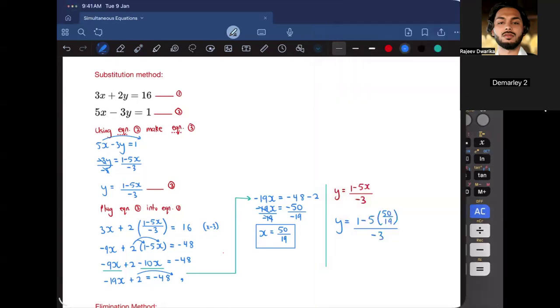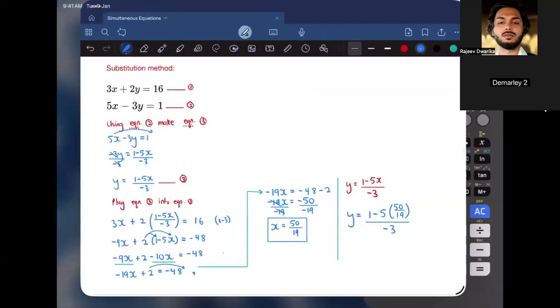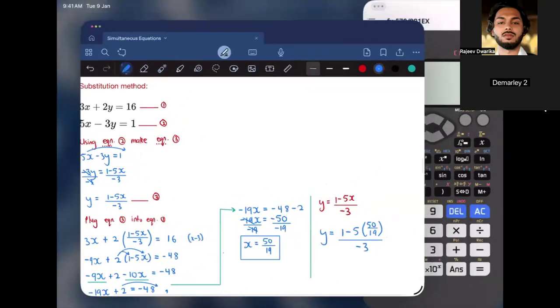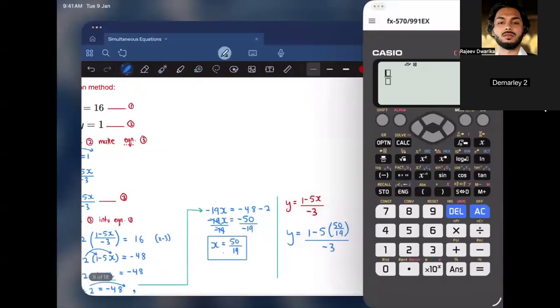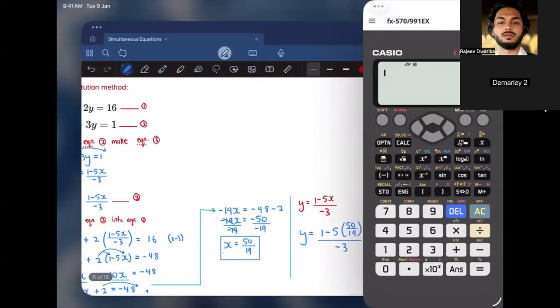So this is what you're going to do. Say 1 minus 5, then open up a pair of brackets. Press the fraction button again and put 50 all over 19. Close the brackets, and in the denominator put minus 3.